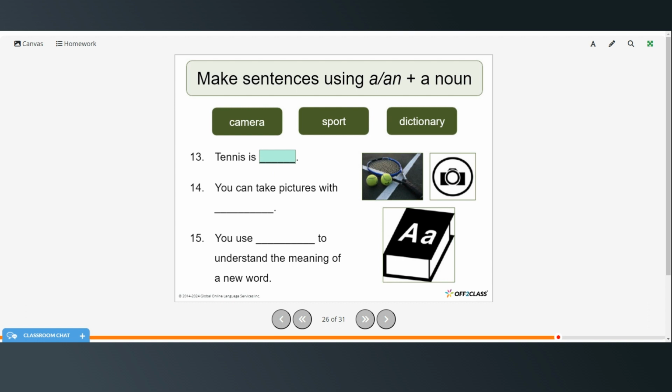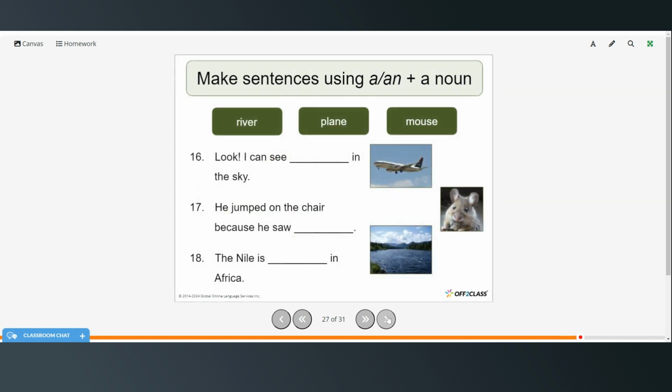All right, tennis is a sport. You can take pictures with a camera, and you can use a dictionary to understand the meaning of a new word. Again, a few more.